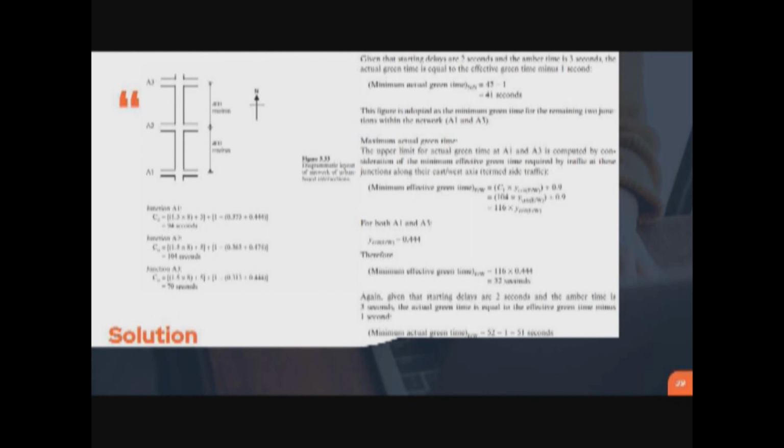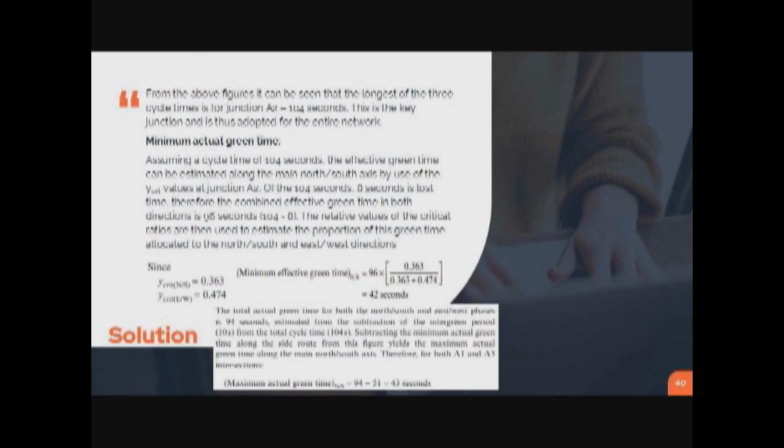For both A1 and A3, the y critical of the east-west is 0.444, so 116 times 0.444 equals 52 seconds. Again, given that the starting delays are 2 seconds and the amber time is 3 seconds, the actual green time is the effective green time minus 1 second. So 52 minus 1 gives a minimum actual green time for the east-west of 51 seconds.